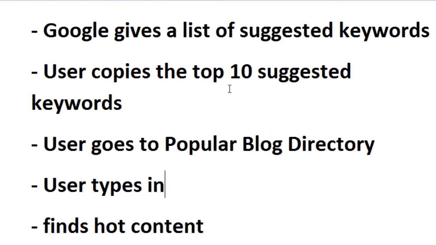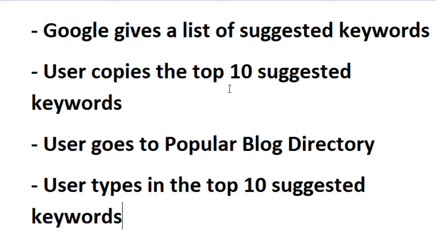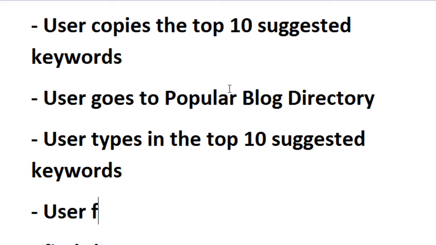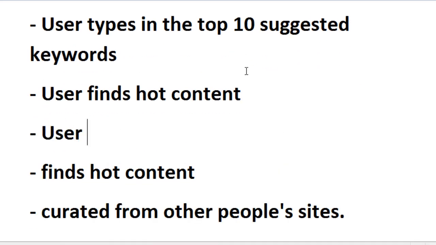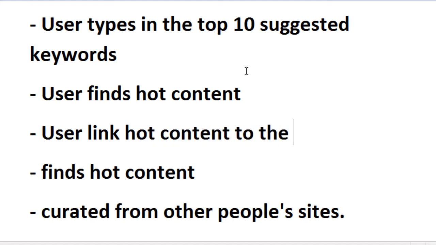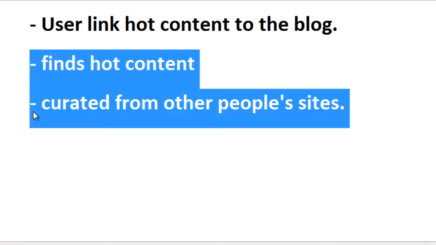User then types in the top 10 suggested keywords, and then user finds hot content. And normally the user would link hot content to the blog.